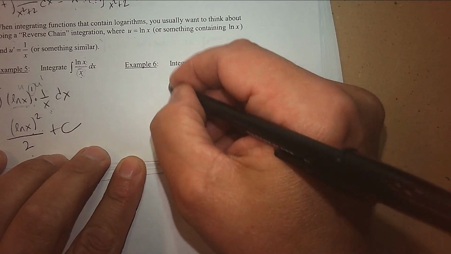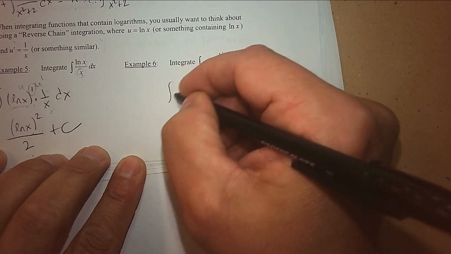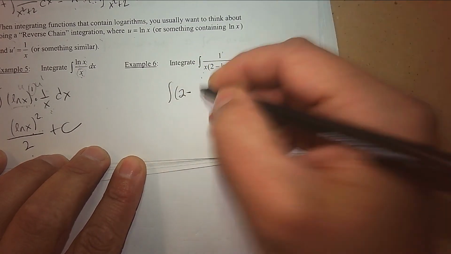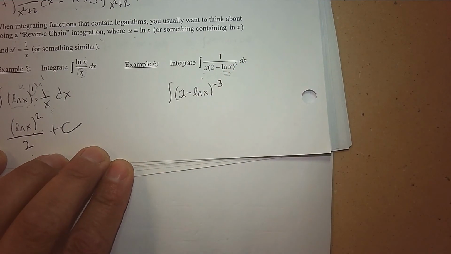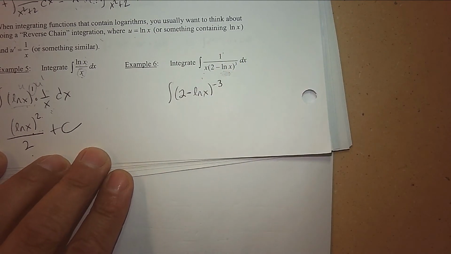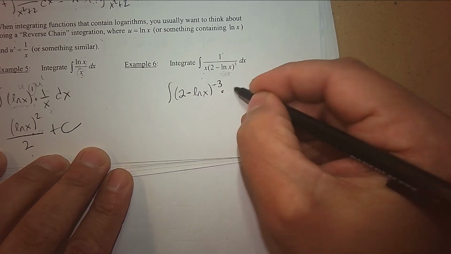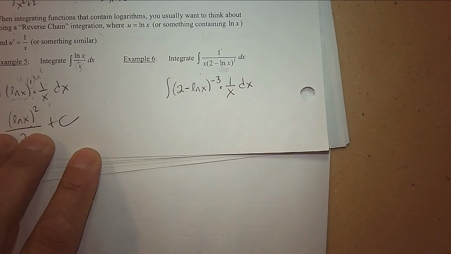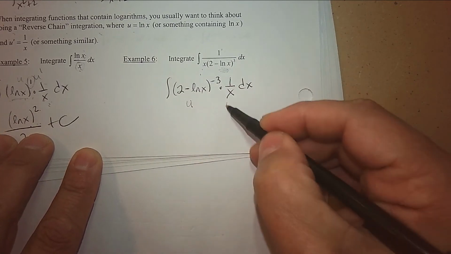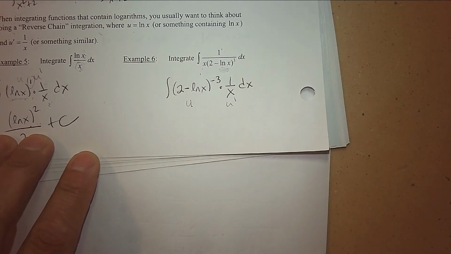I'm going to write this differently. Instead of 1 over, I'm going to write it as 2 subtract ln x to the exponent negative 3. Will you allow that? And 1 over x, I'm just going to write down times 1 over x. Why do I write it this way? Can you actually see u and u prime when I write it this way?